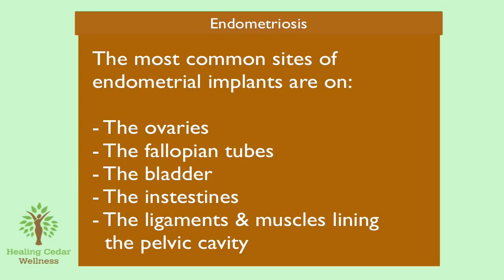So the endometrial tissue responds the same way to our menstrual cycle as our endometrial tissue inside of our uterus. So when hormones increase, specifically estrogens, that endometrial tissue will grow and proliferate. And when the progesterone specifically declines, that's when we get our period.